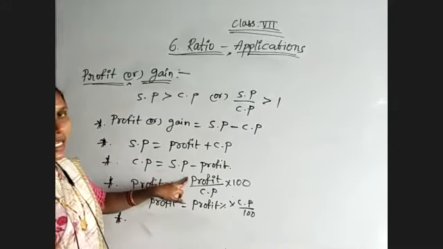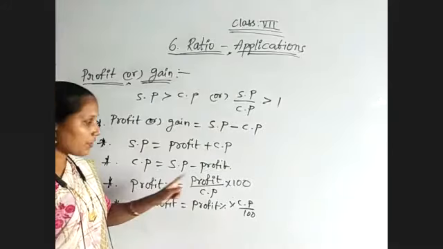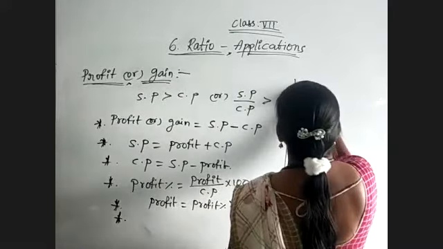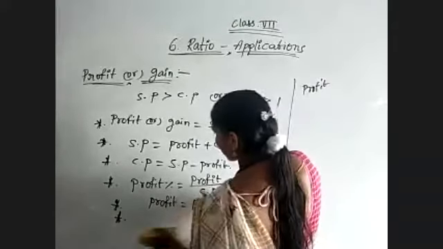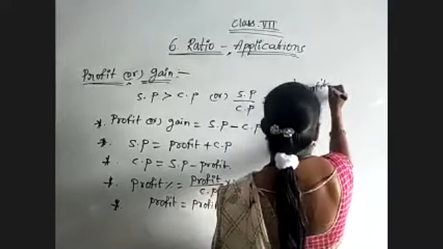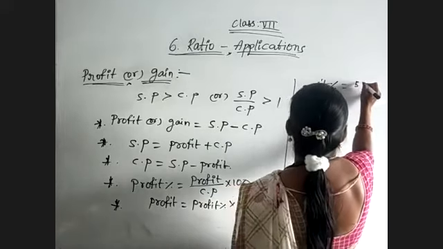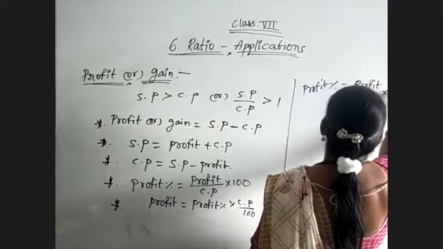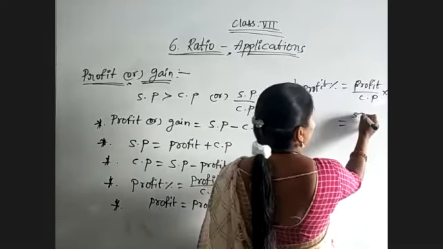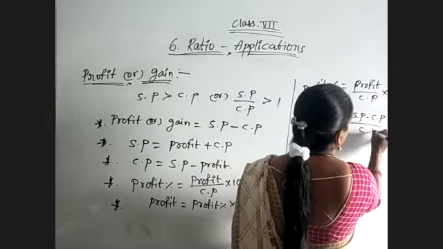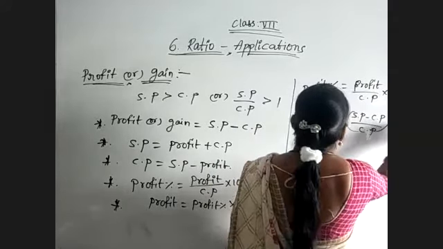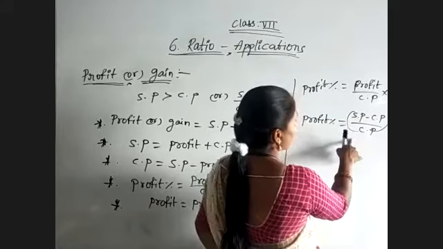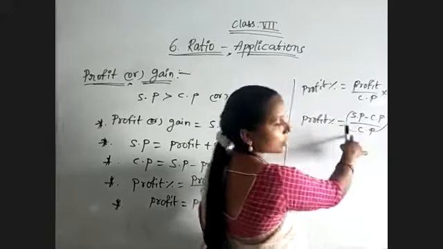See, profit is nothing but SP minus CP. From that we will get the formula. Just observe here, I am giving the simplification also. Profit percentage is equal to profit by CP into 100. So profit is nothing but SP minus CP, by CP, into 100. Now I want to find out the SP value. For that, these two values are extra, so bring them to this side.